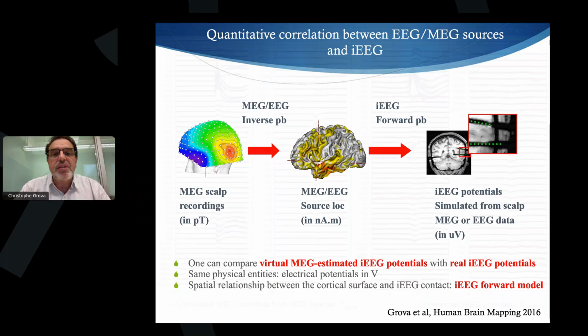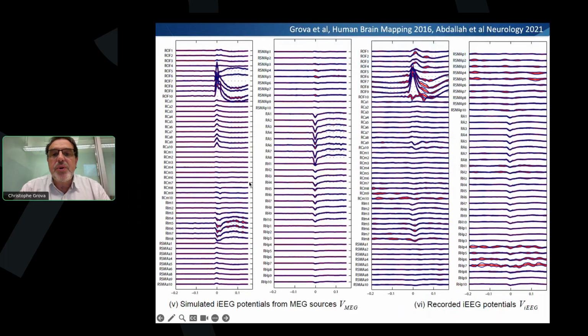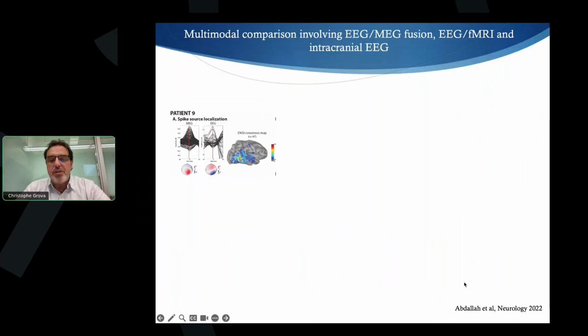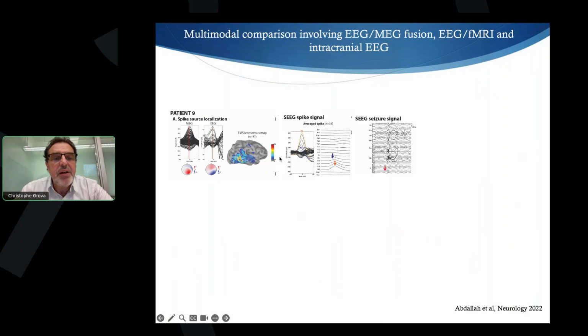And this is just to give you an example on one spike. This is what we actually record on the patient, and this is what we could reconstruct on a series of electrodes. So in this study with Dr. Abdallah, we did this. Here you have one patient example. You have EEG and MEG spike with a localization down here. Then we selected the spike in SEEG, and you see the average spike here, plus the selection of a seizure.